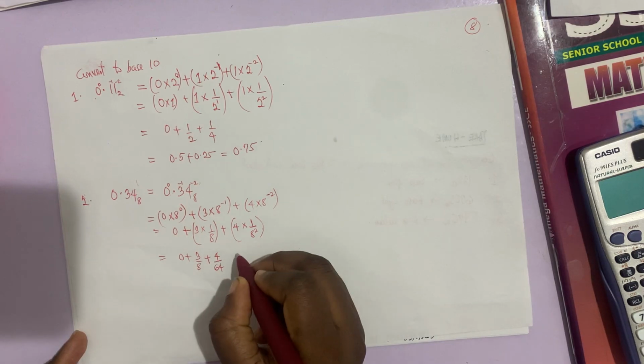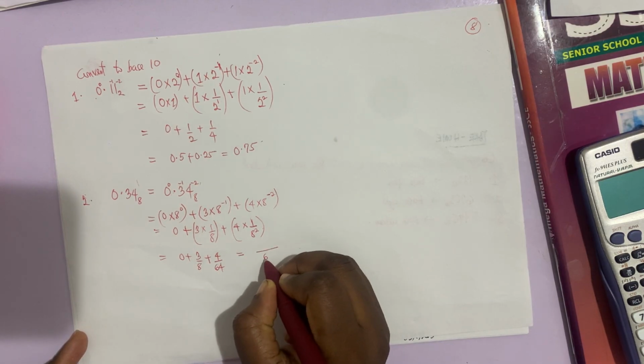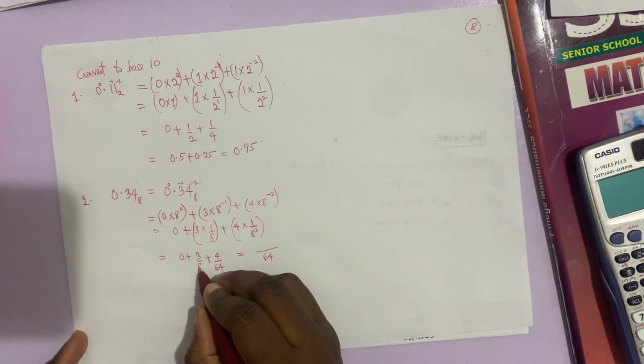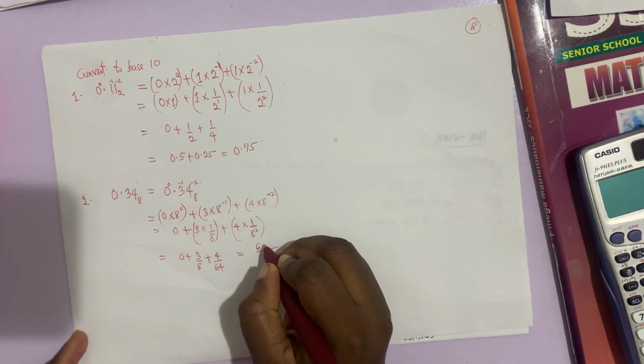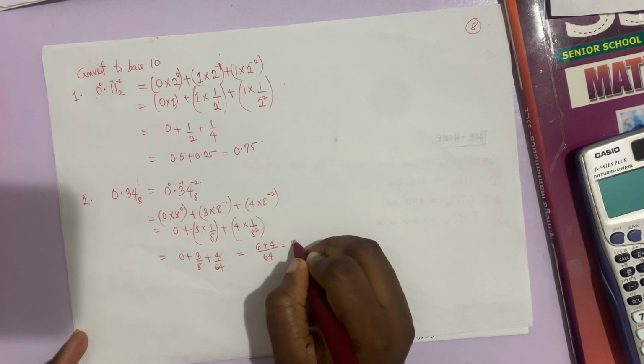Taking 64 as the LCM, 8 into 64 is 8, so 8 times 3 is 24, plus 4. That's 28 over 64.